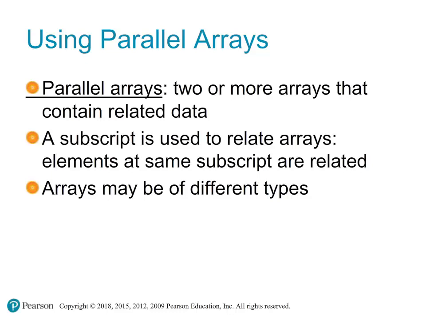The arrays in a set of parallel arrays can be of different data types. For instance, one can be of type string to store names, while another can be of type integer to store grades.